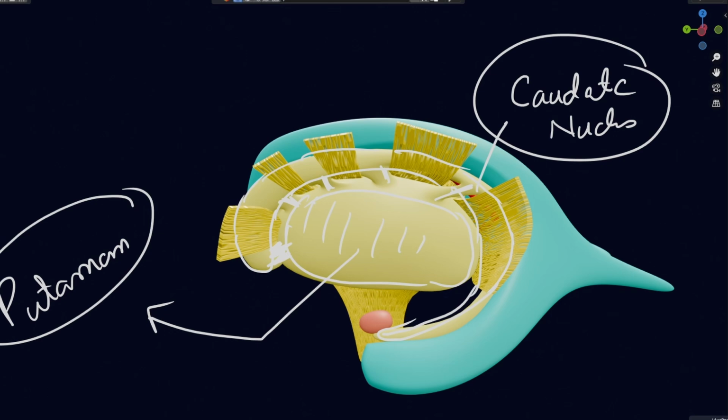For now, if you don't want to go into the debate, just remember that this round, somewhat spherical or oval structure is the putamen. The C-shaped structure is the caudate nucleus. These two structures are quite interconnected with each other, and they receive the input of the basal ganglia. Again, I will not go into the physiology of the basal ganglia.